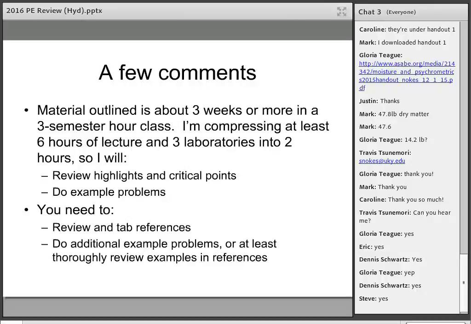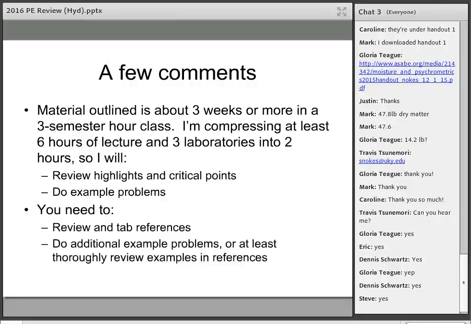My advice to you is do some review if you're not familiar with it. Tab your references. That's something that saved me when I took it. How long ago did I take it? 16 years ago. And it does. When you're doing test management with open book, the worst thing you can have happen is to know you've seen that problem somewhere, but you can't find it, and you waste a lot of time looking for it.